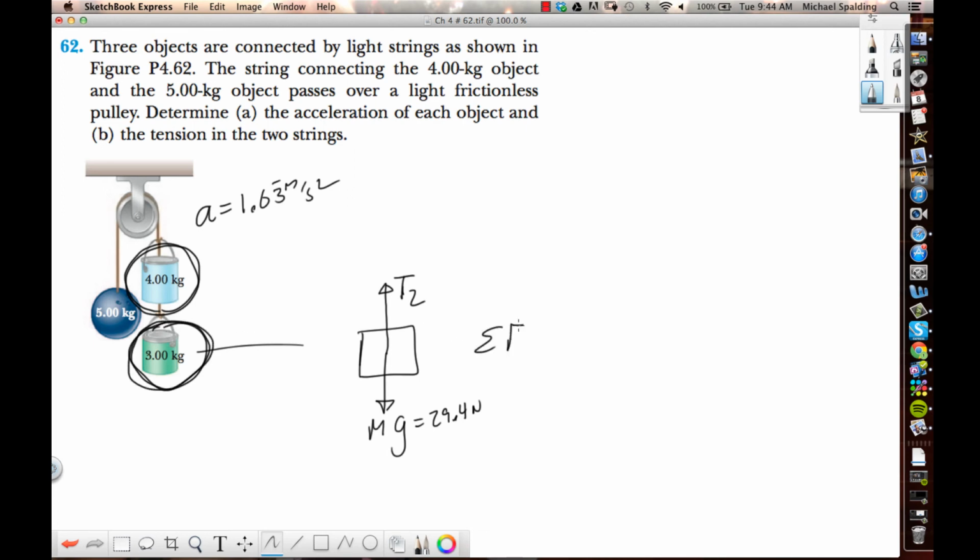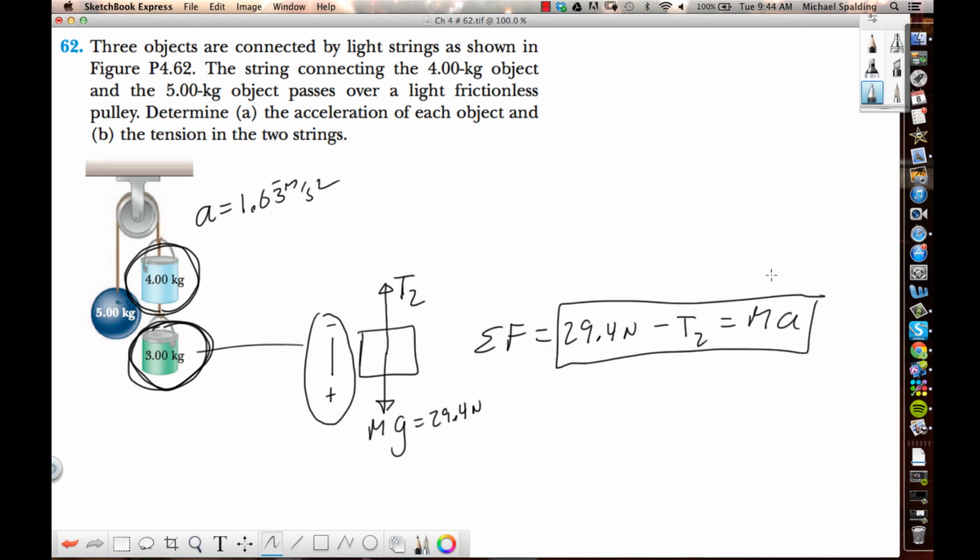So you sum the forces. Remember, down is plus. Why is that important? Because that's the direction of the acceleration. So you got to go 29.4 minus T2 equals MA, where this M is what? 3. So now you can solve this for T2. Just do the algebra and you'll get 24.5 newtons.